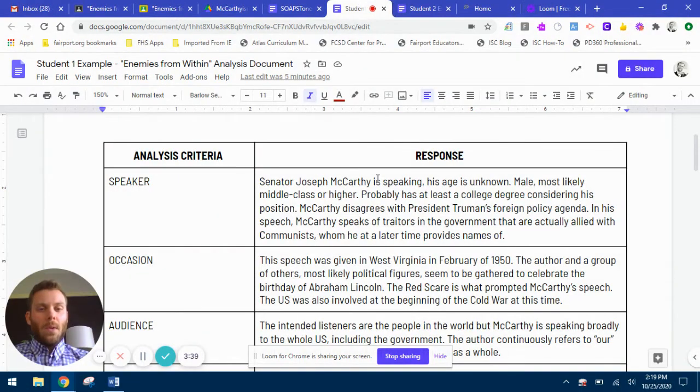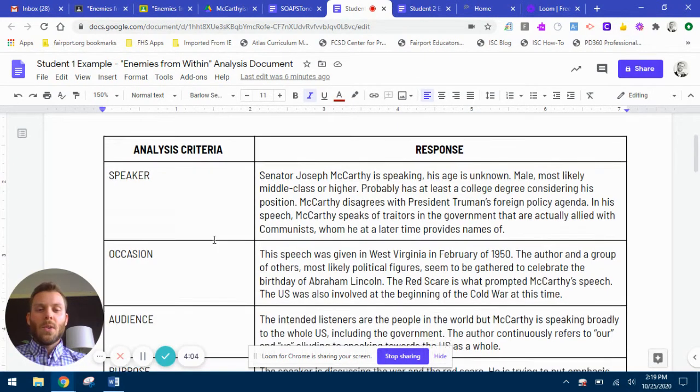Like, for example, this idea that the speaker, Joseph McCarthy, probably has a college degree. He disagrees with Truman's foreign policy agenda. And she acknowledges that he speaks of traitors in the government that are allied with communists. All of this is giving us a little bit of that ethos and understanding who the character is.